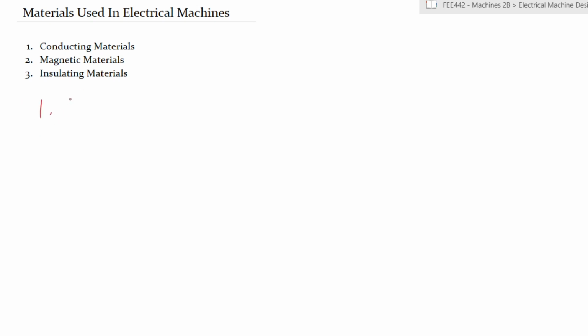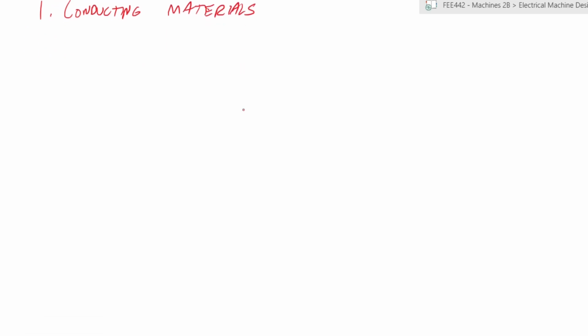So first, let's look at conducting materials. Conducting materials are those, simply put, that are able to pass an electric current.